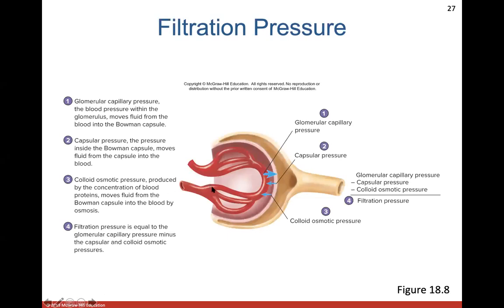We have different types of pressure: capsular pressure, osmotic pressure, colloid pressure. Basically, we get a net pressure. Things are pushing back into the blood, but the biggest push is coming from the blood pressure, pushing the filtrate out. So we get this net pressure, net movement of solutes and filtrate out of the blood and into the capsular space.